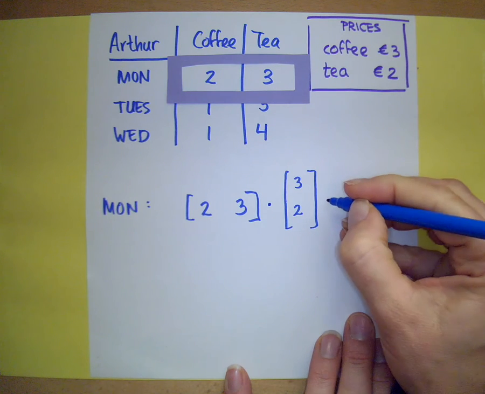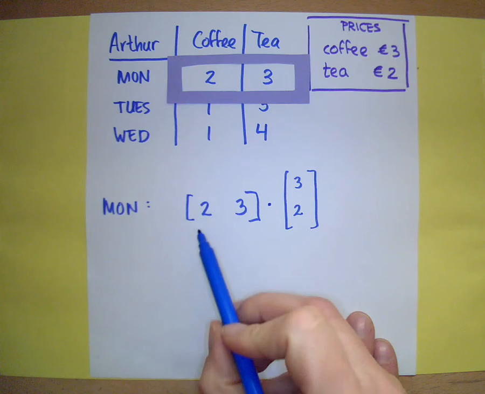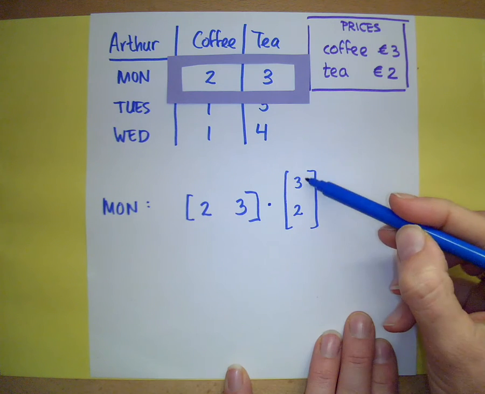But doing this in matrix form would look like this. We have a row matrix and a column matrix.